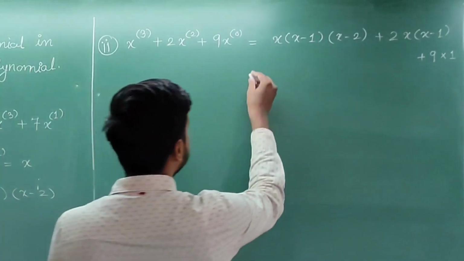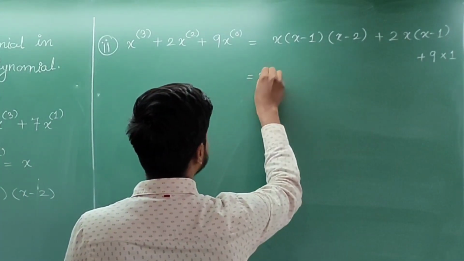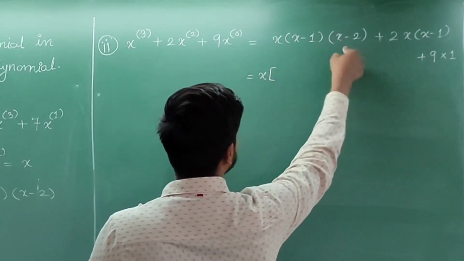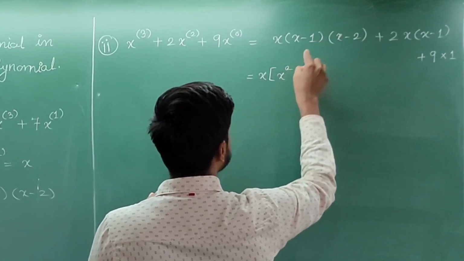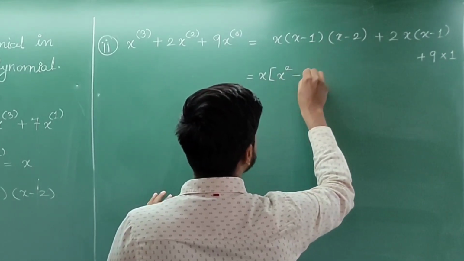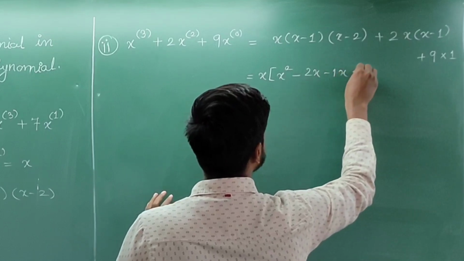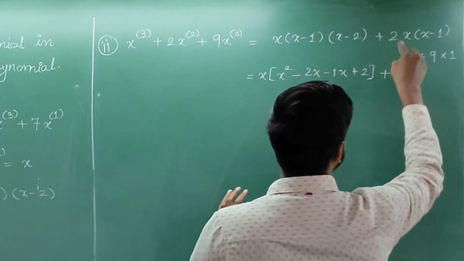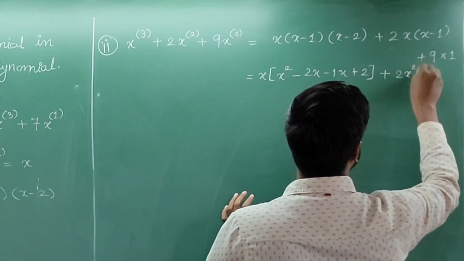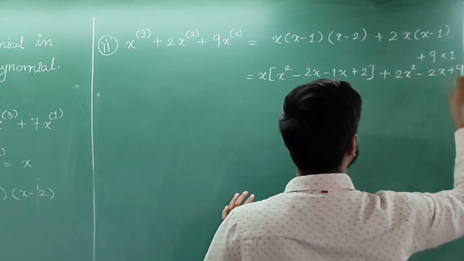Simple. Now you can multiply this. I will keep x as it is and multiply this as x into x squared minus 2x minus 1x plus 2, and multiply this, so this is 2x squared minus 2x plus 9.